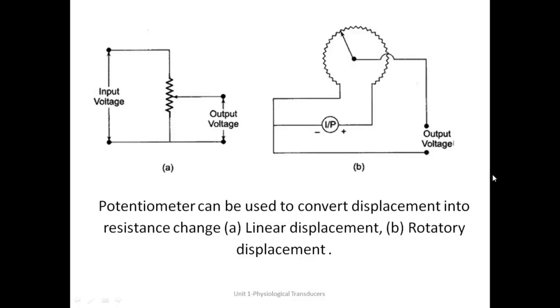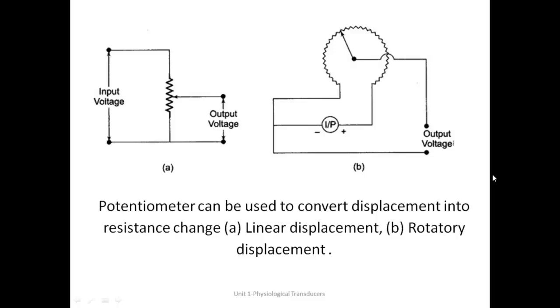So that means a linear movement that is taking place is giving you a corresponding change in the voltage of the circuit. So over here you see that there is already a voltage existing in the circuit. We have a battery. Of course, the resistive element will work only if we have a battery attached to it. So if there is already a battery attached to it, there is already a voltage flowing through the circuit.